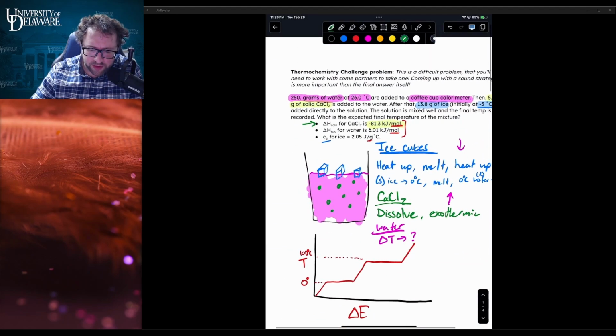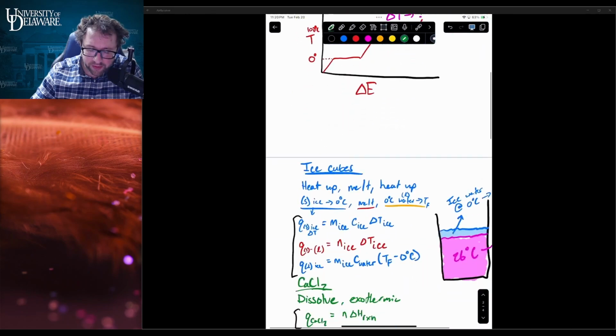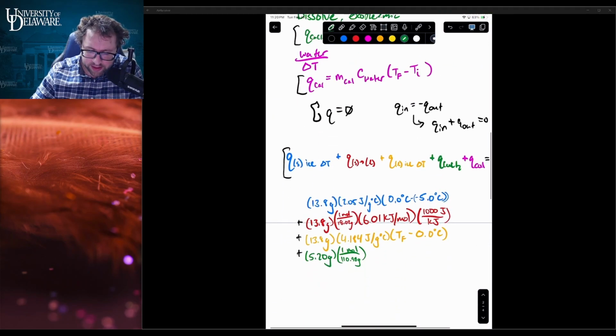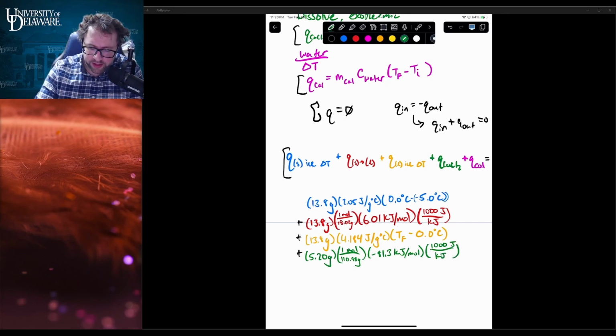We need that enthalpy of fusion, so that's negative 81.3 kilojoules per mole. And once again, we're going to include that conversion to make that into joules so that everything lines up nicely. And then at the very end, we have our calorimeter, right?